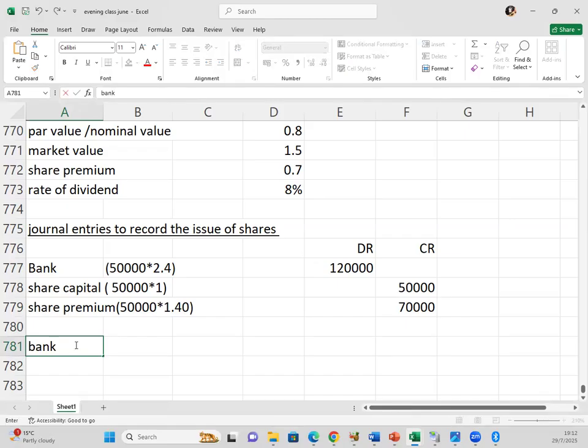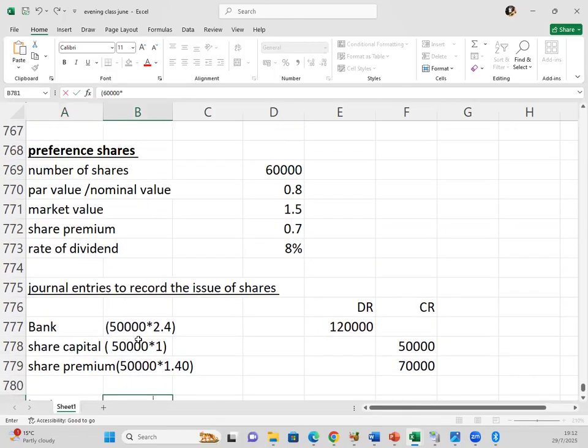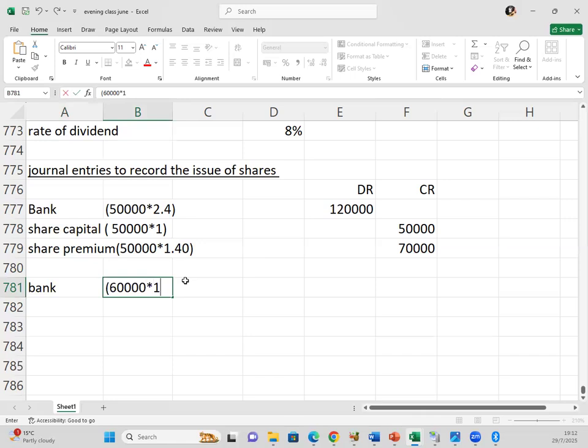For the preference shares, in the bank we are recording how much we received in total. It was 60,000 shares times the market value of $50. Each share in the market is going for $50, so this would be 60,000 times $50.